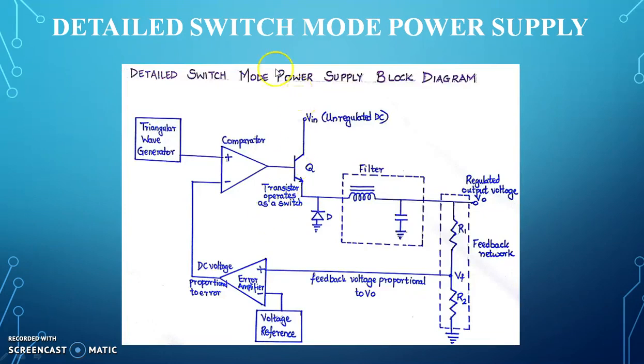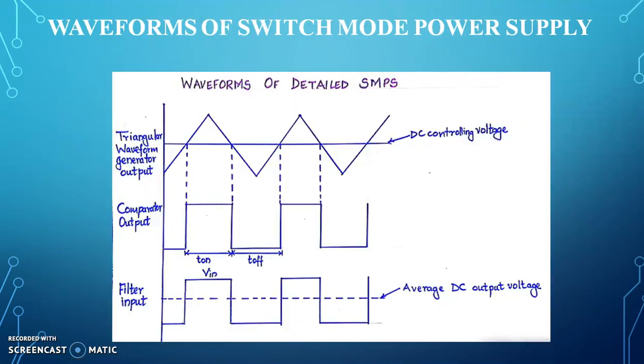See here you can see the comparator output is given to the transistor. So the transistor will remain on for this period and it will remain off for this particular period. The transistor output is given to the filter input.